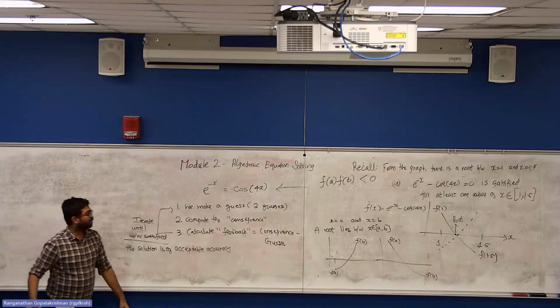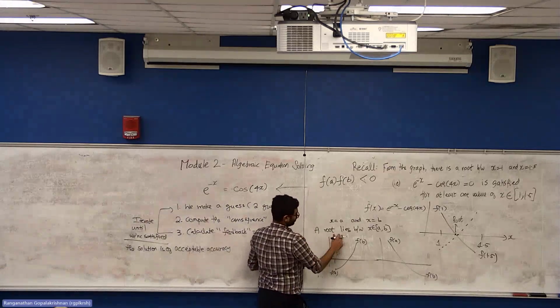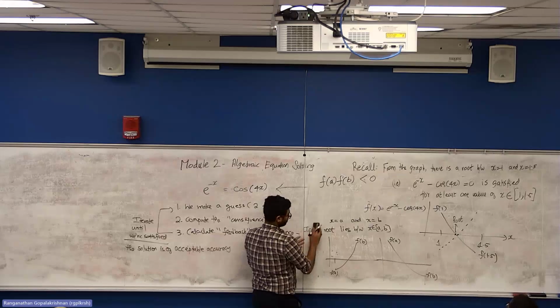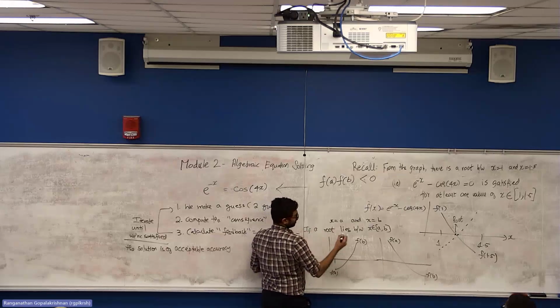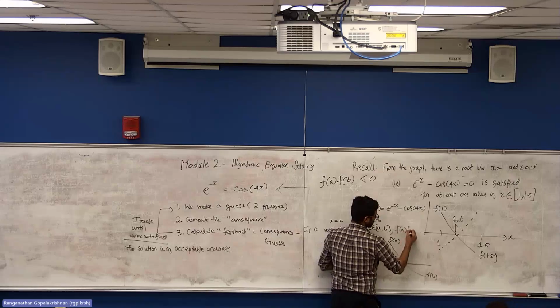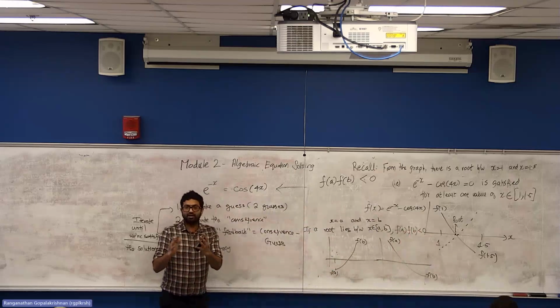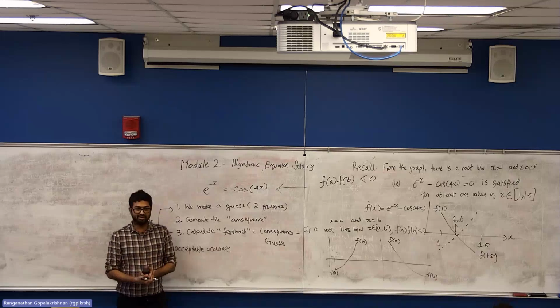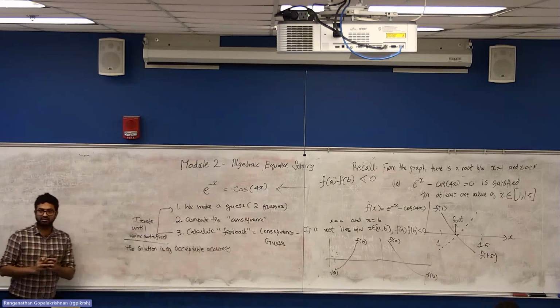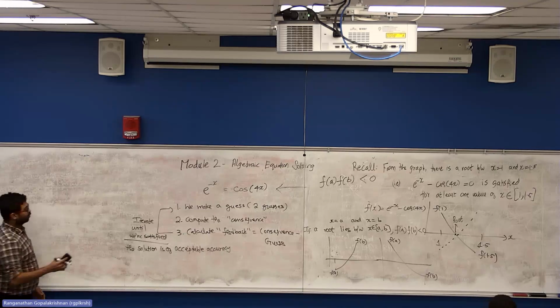If a root lies between a and b, then f of a times f of b is negative. Do you agree or not? If you don't agree, let's discuss. Good, that makes sense. So it goes both ways.